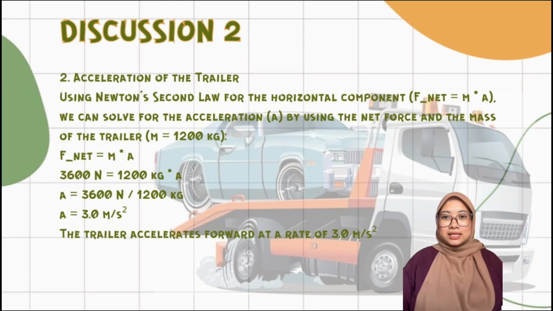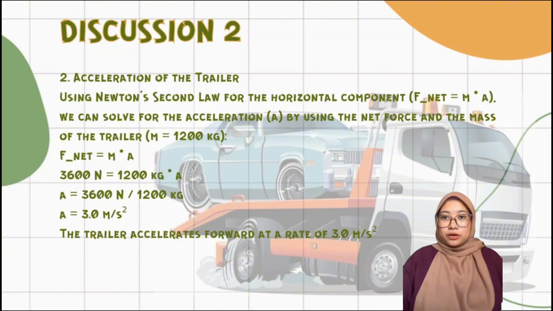Second is the acceleration of the trailer using Newton's second law for the horizontal component. Fnet equals m multiplied by a. We can solve the acceleration by using the net force and the mass of the trailer. Mass equals 1,200 kg.